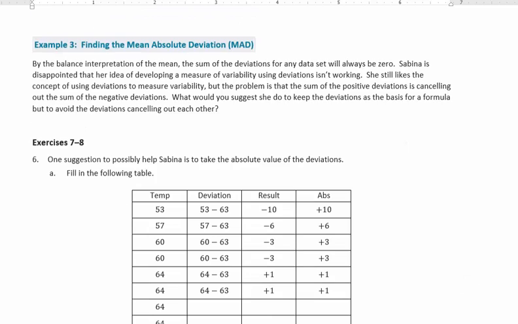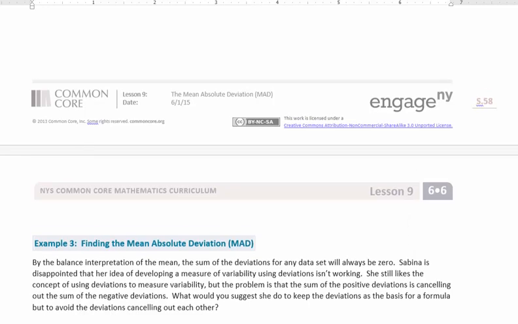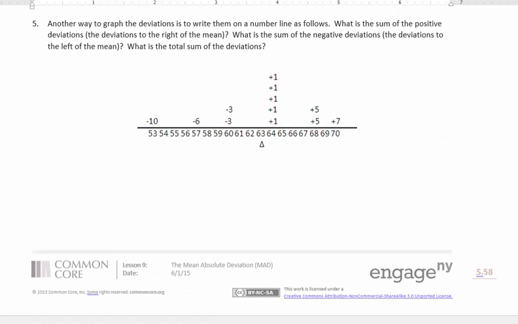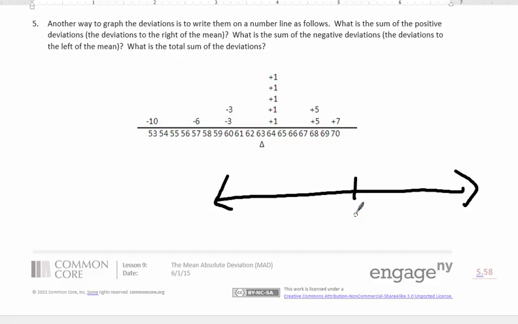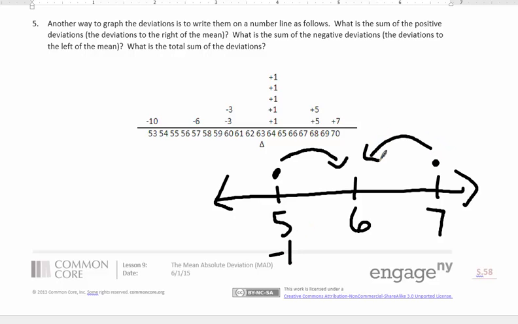Alright, now I want you to think of what we just talked about with deviations and distances. If I have this, my mean is 6, I have 5 and 7 as two of my data points. What is their deviation? Well, this is going to be 5 minus 6, so this is a deviation of negative 1. 7 minus 6, that's a deviation of positive 1.